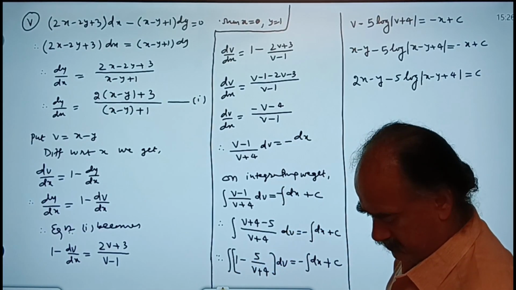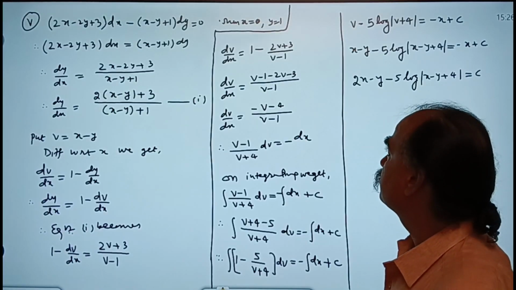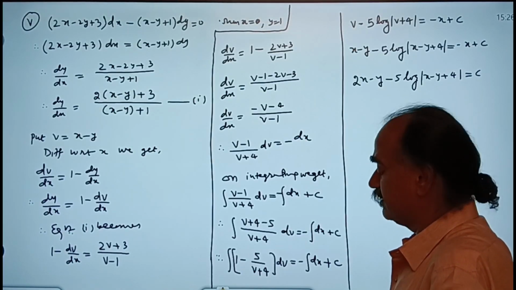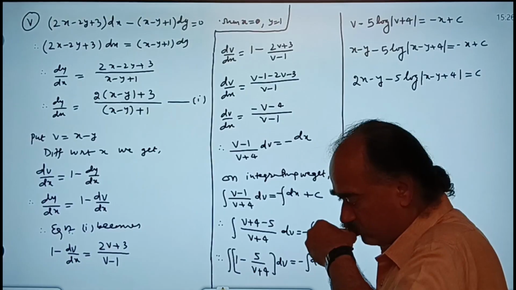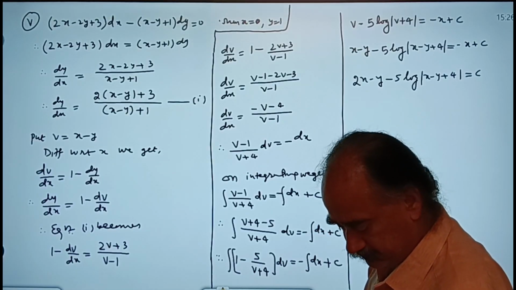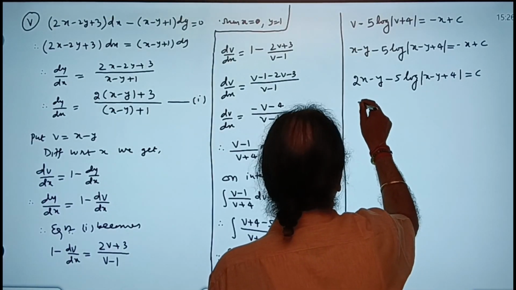This is the general solution. Condition given is what? y is 1 when x is 0.